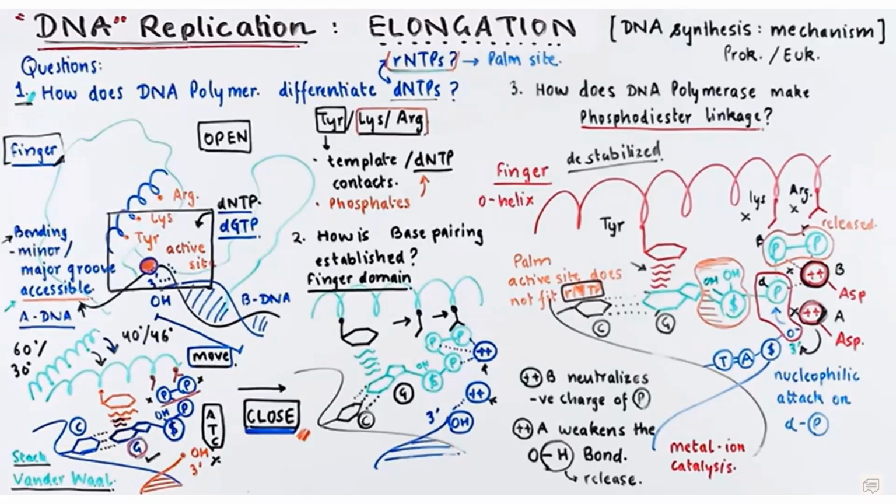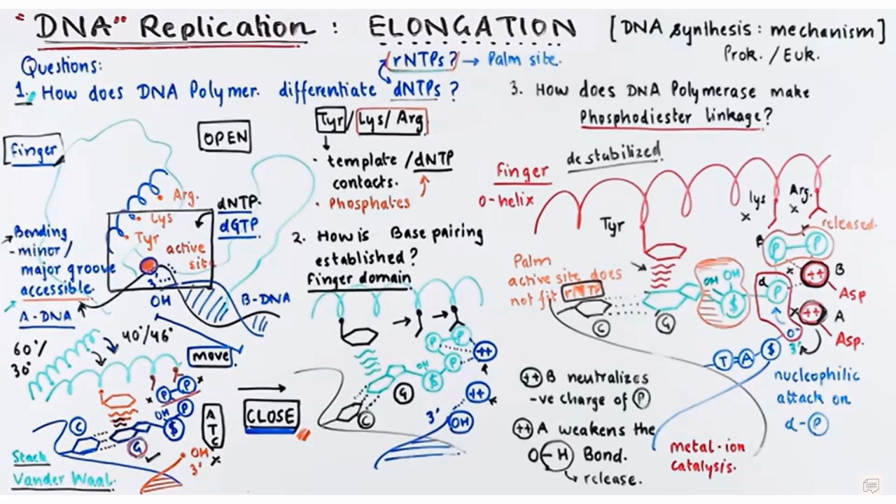If we had A or T instead of G, or C instead of G, the stacking would still work, but it would fail to hydrogen bond with cytosine, and arginine and lysine will also not interact as efficiently, and these three dNTPs will keep getting rejected. So for a cytosine, only the dGTP works.